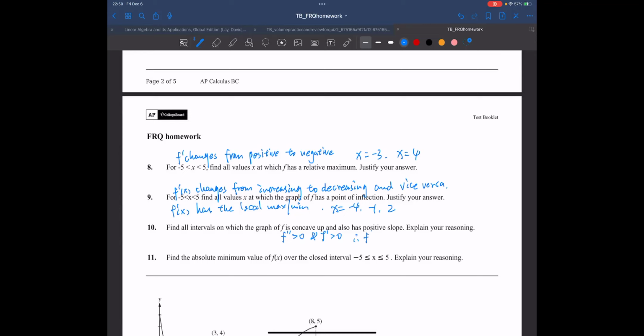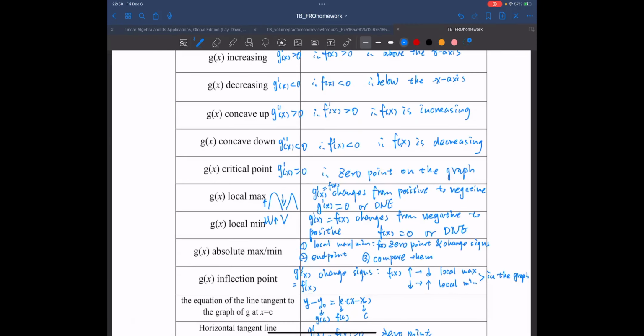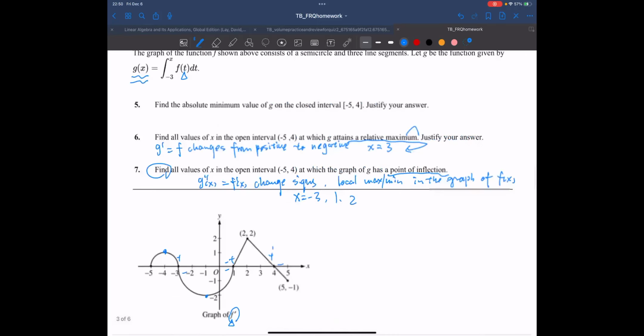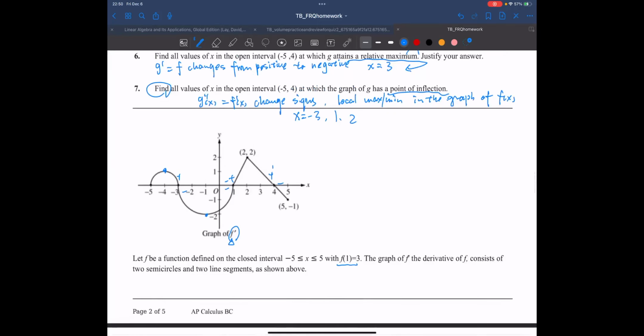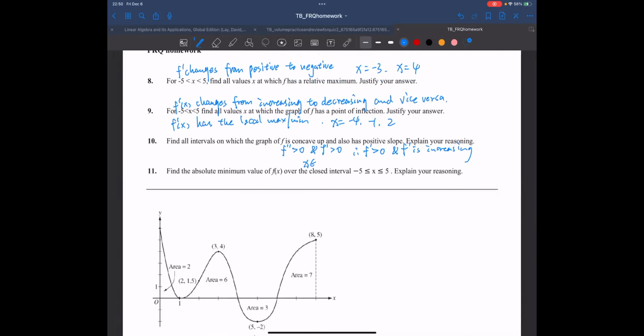So you need to write down f prime is positive and f prime is increasing. Right, check the table again. If g of x is concave up, then f of x is increasing. Okay. So in the graph, positive and increasing, positive and increasing, positive and increasing. So we can see the interval is -5 to -4 and 1 to 2.